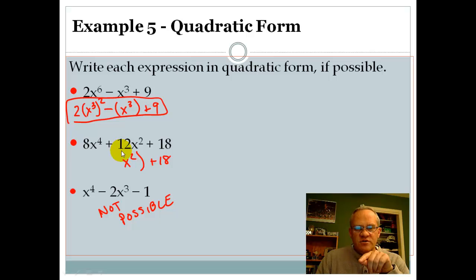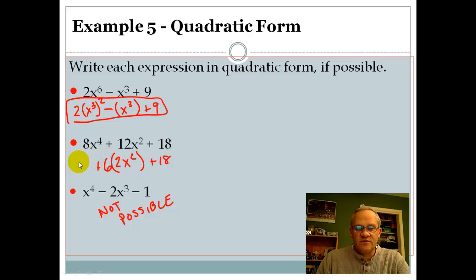If you can take one of those factors and square it, and it's one of the factors of the other coefficient too, then you can include that in there. So in this case, what I thought of was, hey, 2 times 6. 2 times 6 is 12. 2 squared is 4, which is also a factor of 8. So that means in this case, I could make 2x squared the variable, and then I've got a coefficient of 6 out front here.